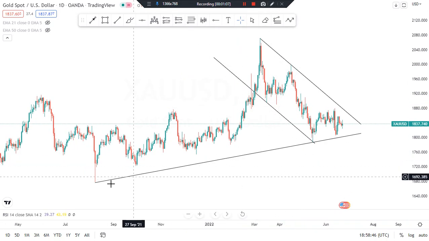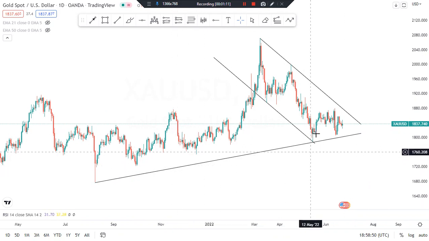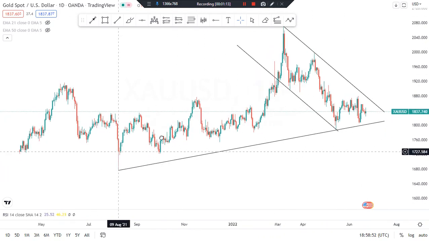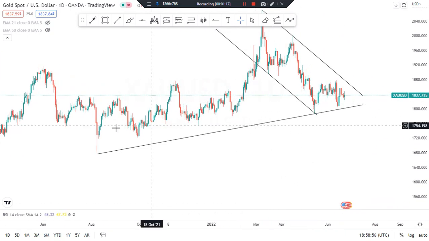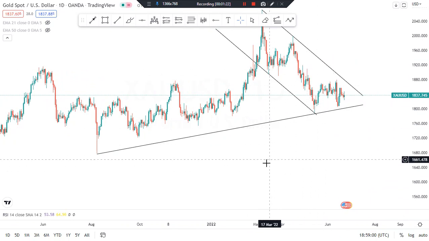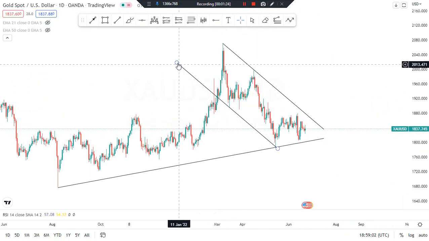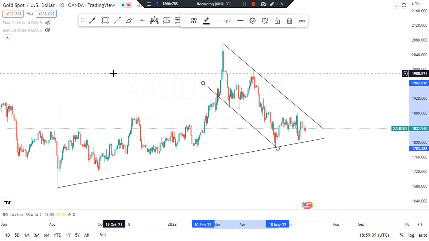As you can see, every time the price is touching this trend line, it's buying to the upside. It touched here, then it bought to the upside. It went on to touch this area, and it also bought. But this is the trend line that was formed. So let's go to a lower time frame.